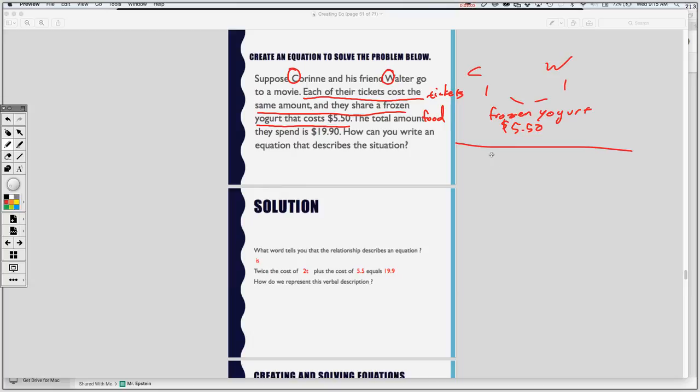Where do they tell me the total amount? We're on the second part. The total amount they spend is, what do you think, guys? $19.90.